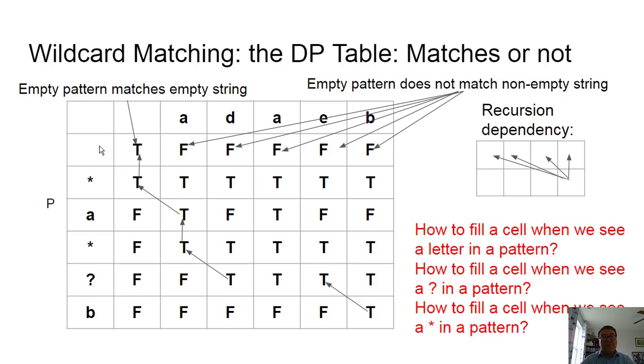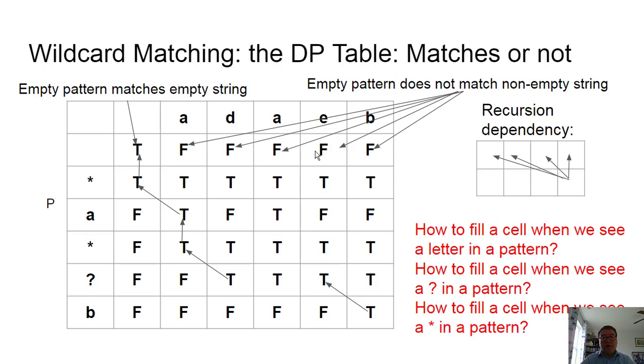An empty pattern can match with an empty string, so nothing can match with nothing. But an empty pattern cannot match with a non-empty string. So then we have this first one being true, but everything else on the first row being false.